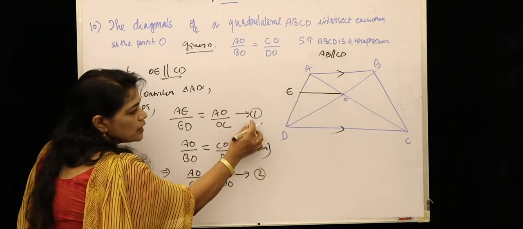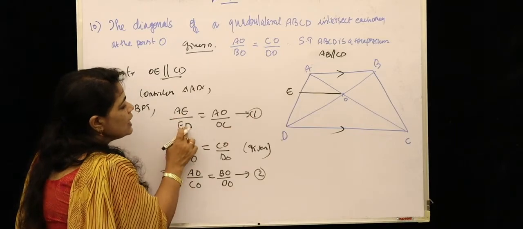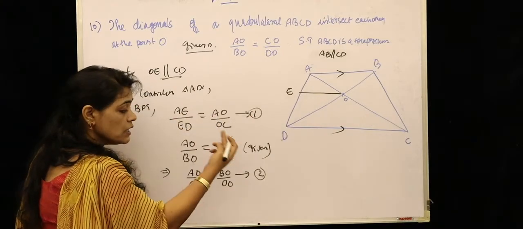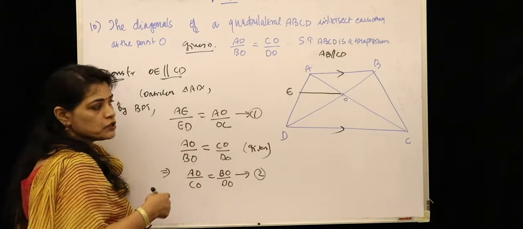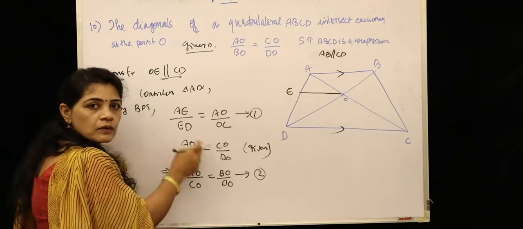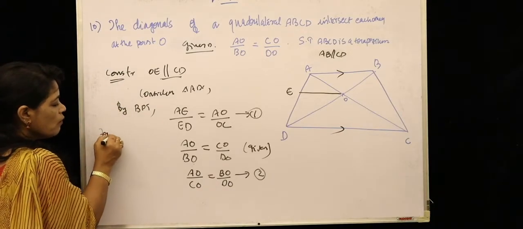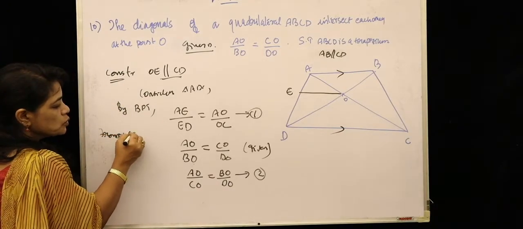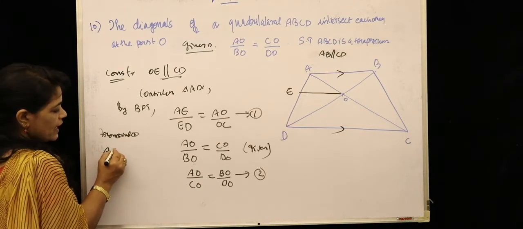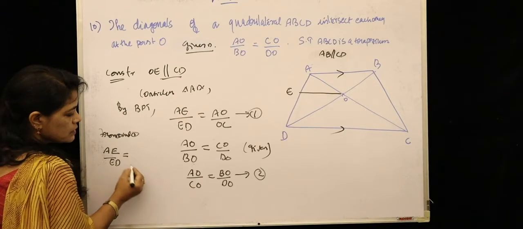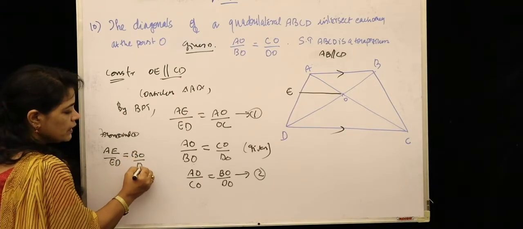Now from equations 1 and 2, AE by ED equal to AO by OC. Here AO by OC equal to BO by DO, which means you can equate these two. So from 1 and 2, you will get AE by ED equal to BO by DO.